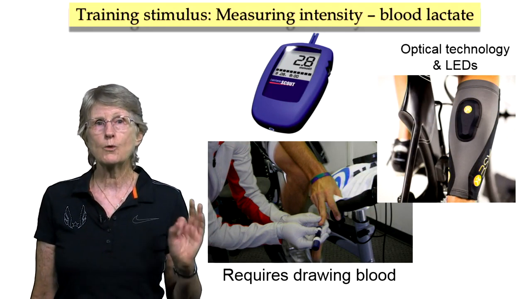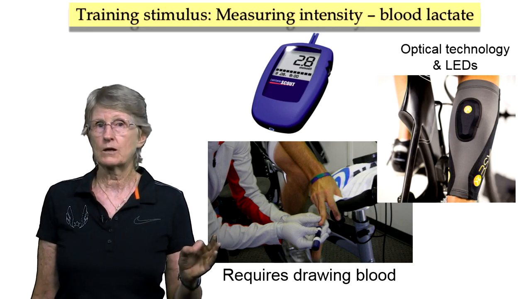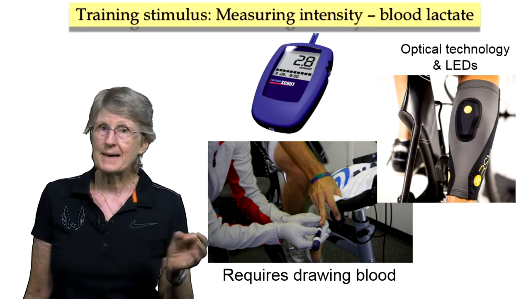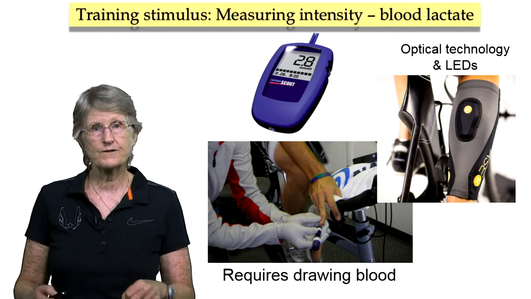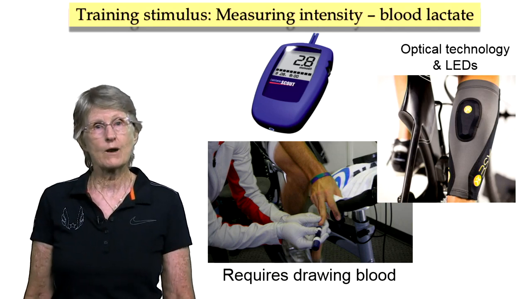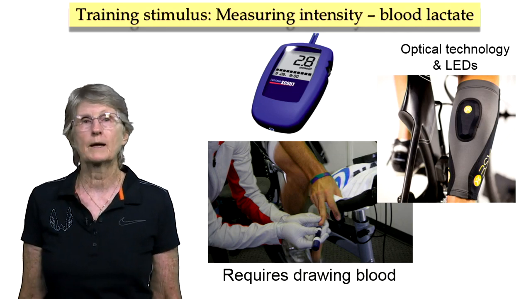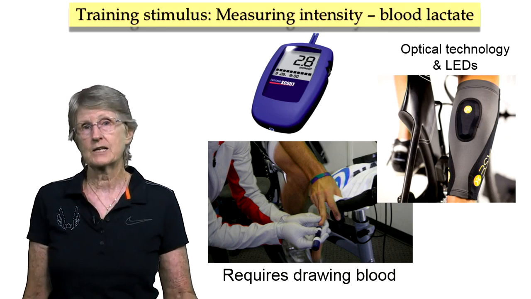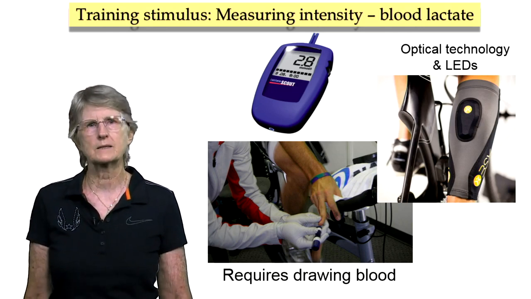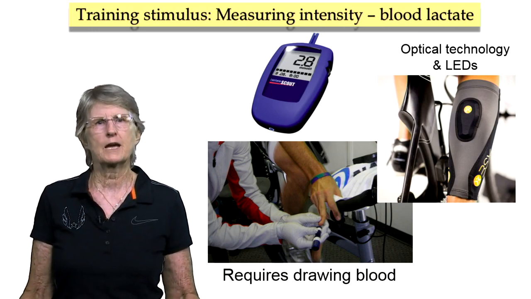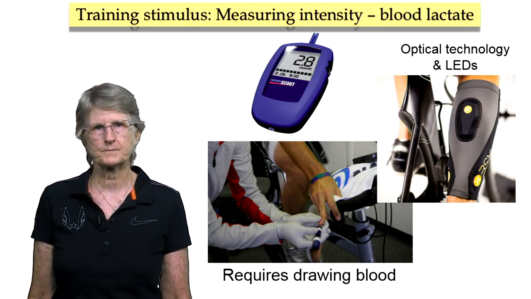However, new optical technology with LEDs embedded in a sleeve that is fitted over the calf can track lactate and muscle oxygenation without drawing blood. And this provides athletes with remarkable insight into how much effort they are expending over time.